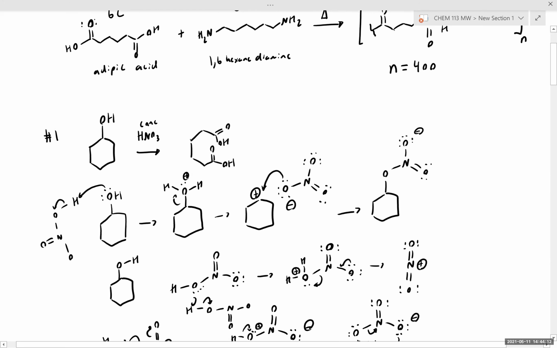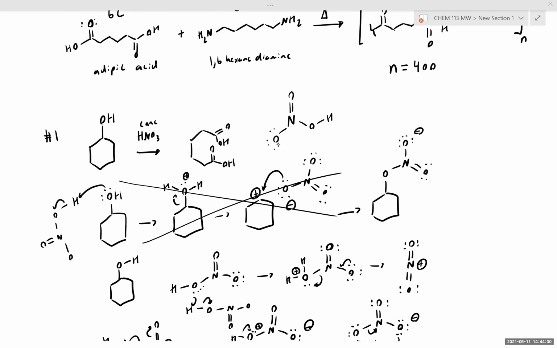Now, you'd think you can draw this as just a simple SN1 reaction, and I would cross out this idea. The way that I think of nitric acid, if you look at the structure for nitric acid, is what is known as an oxidizing acid. So it can be thought of as very similar in terms of reactivity profile to, for example, chromium trioxide.